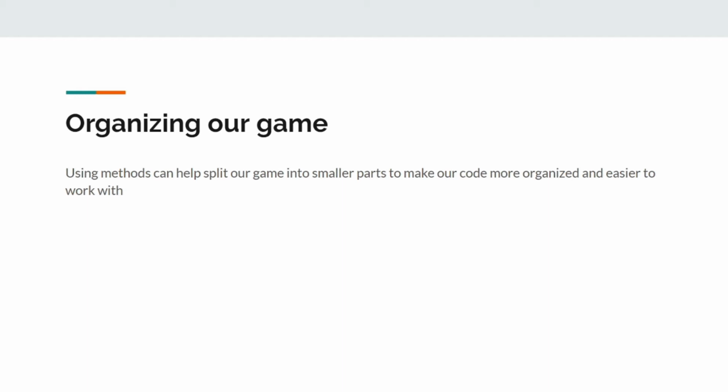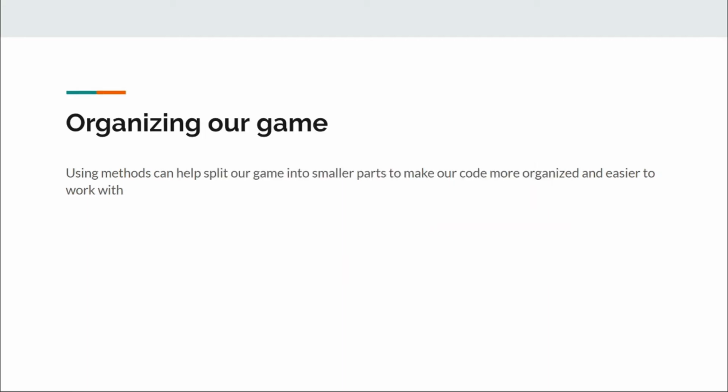If you remember from last episode, one way of organizing our code is by using methods, and then the methods can designate the smaller parts. And this makes it easier because instead of starting from the very beginning, we can separate our code into smaller parts, work on those smaller parts, and then eventually merge them into our overall game.